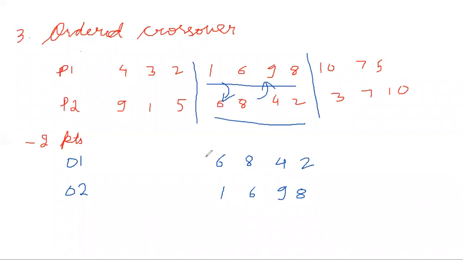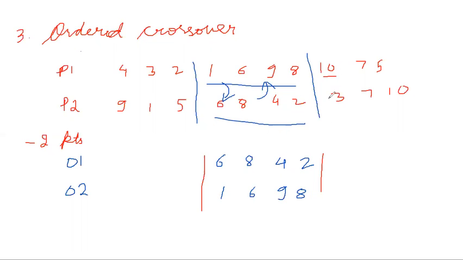Once this is done, we have to be careful in choosing the rest of the elements. So I'll just demarcate it. Where did this come from? This section I am taking from parent 2, but this is offspring 1. So the rest of the components will be coming from parent 1. I start with the element in the cyclic direction after this crossover point.